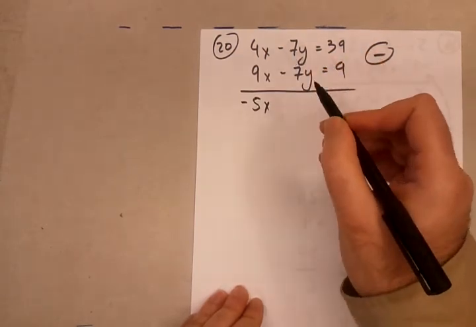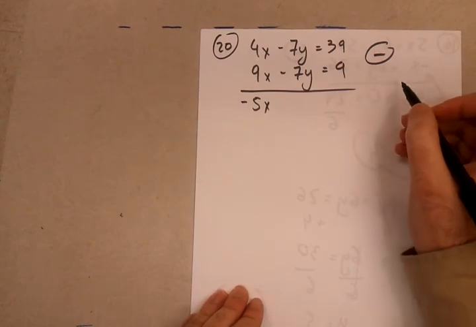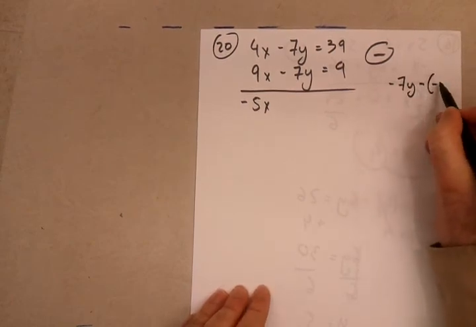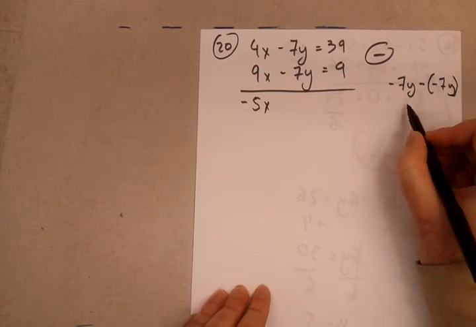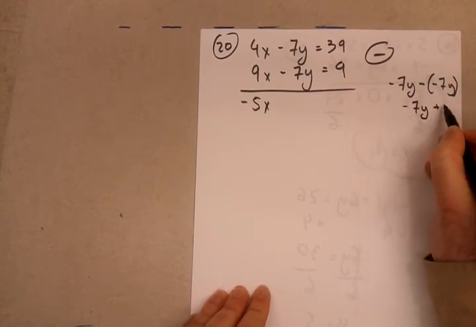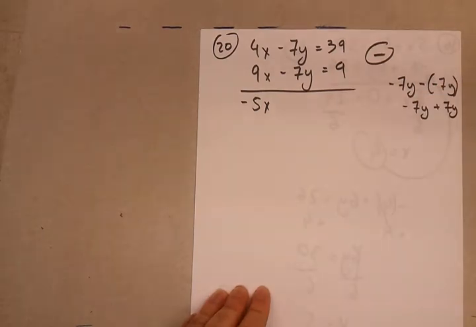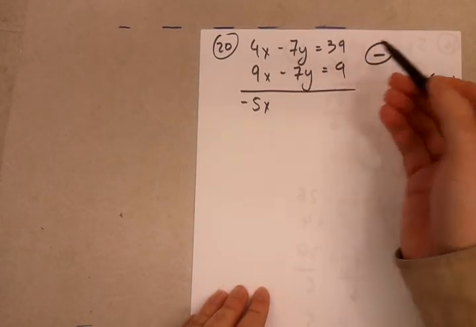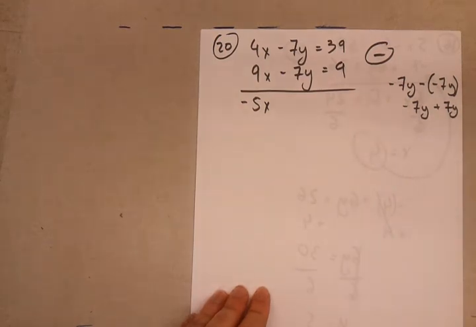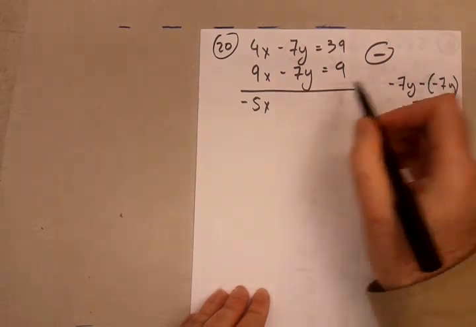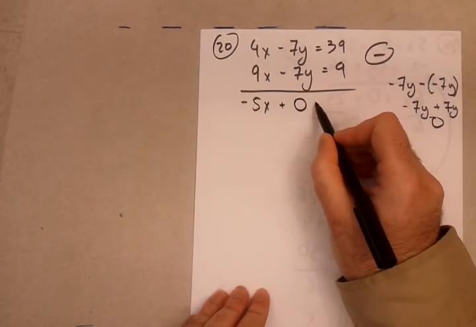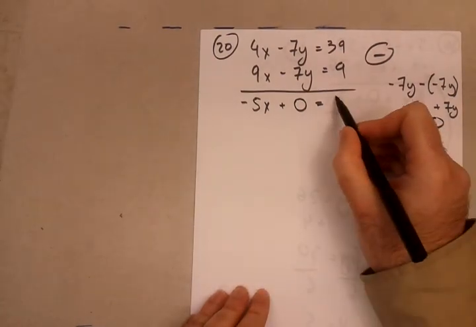Negative 7y minus a negative 7y, so it's a negative 7y plus a 7y. And this is why they used subtraction. If they used addition here, it would be negative 7y plus a negative 7y, which is a negative 14y, which gives us nothing. So in this case, that's a 0, and that's a 0 as well. And then 39 minus 9, that's a 30.